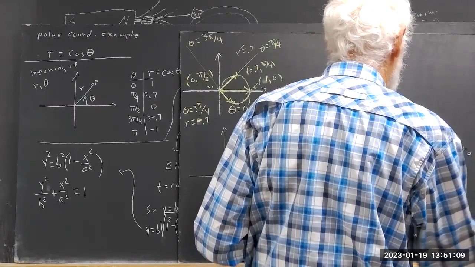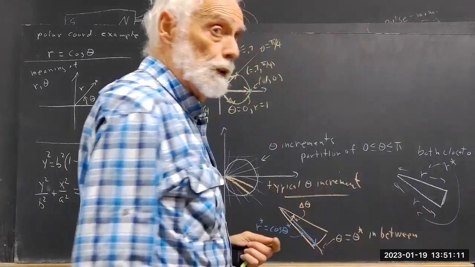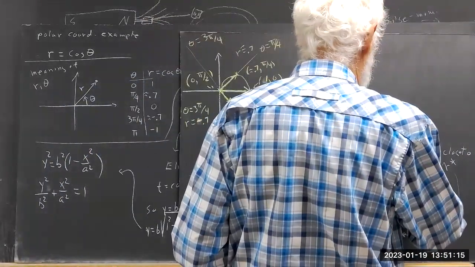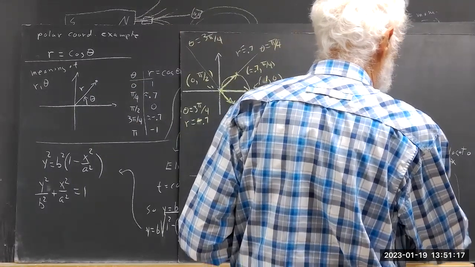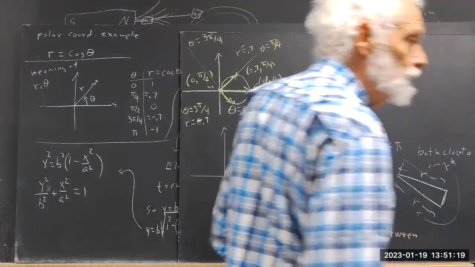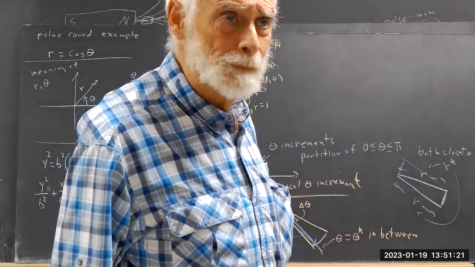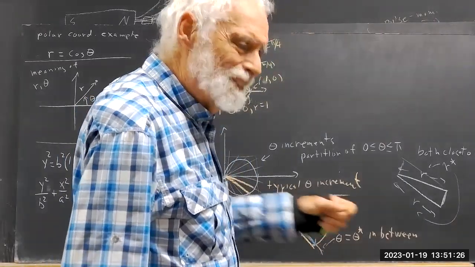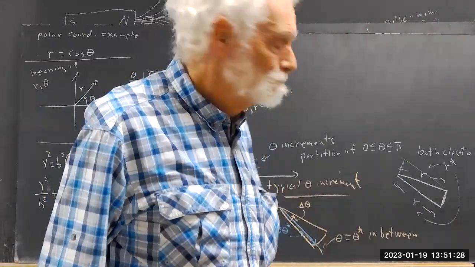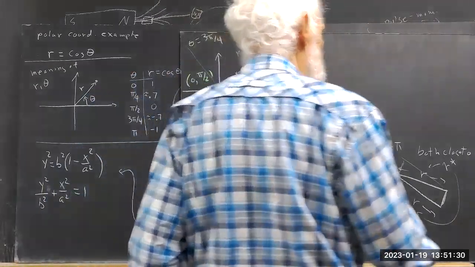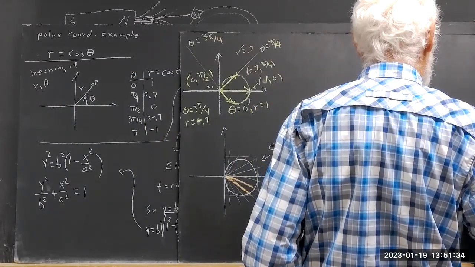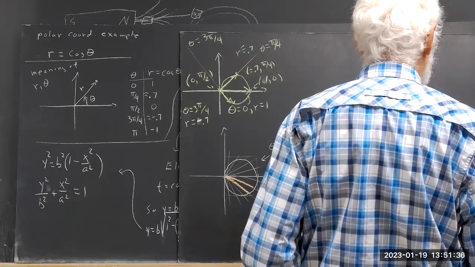Both this r and this r are close to r star. So if we put one of these here and upside down on top of it, we have a parallelogram. If our increment is really small, pretty much a rectangle. So the area is what?